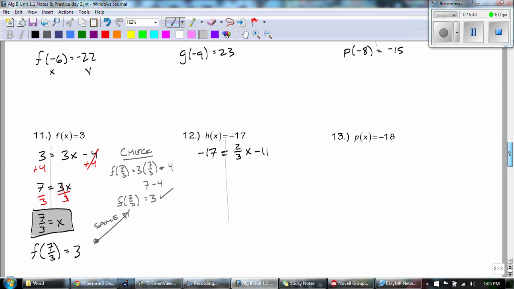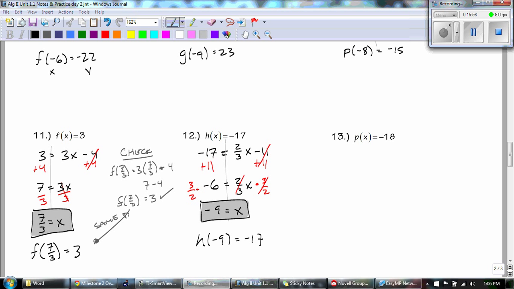Pause the video. Good luck. Okay, so we should have gotten -9. You add the 11 to both sides, -17 plus 11 is -6, and then multiply by the reciprocal.